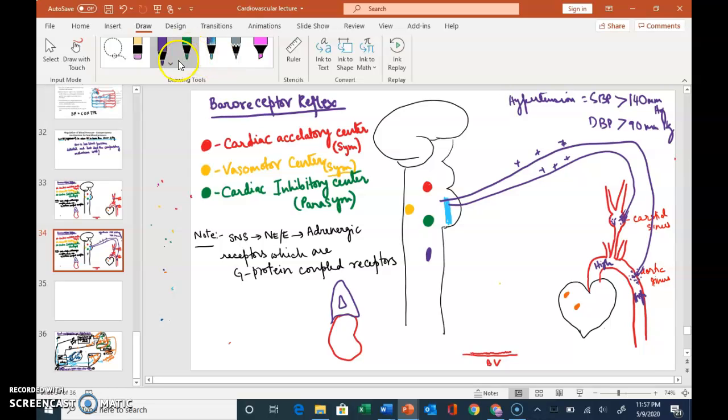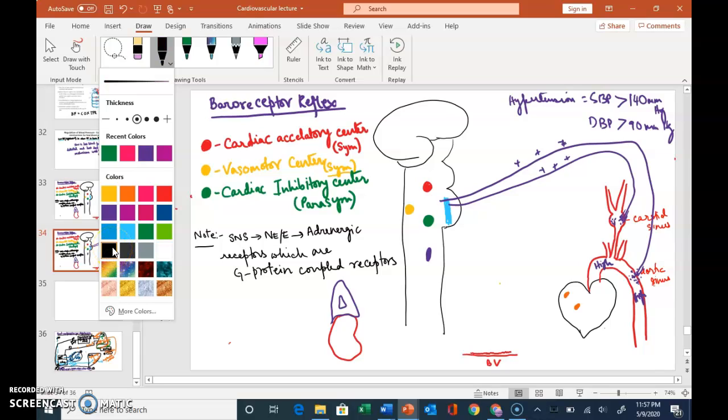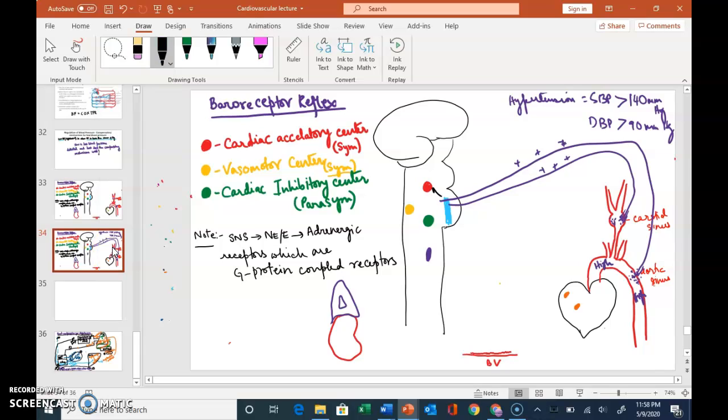And as we remember, this center can talk to the cardiac accelerator center, it can talk to the vasomotor center, and it can also talk to the cardiac inhibitory center. In this case, it will inhibit the cardiac accelerator center. Obviously, you do not need to accelerate the heart now. You need to calm it down, right? So it will inhibit the accelerator center. It will also inhibit the vasomotor center.